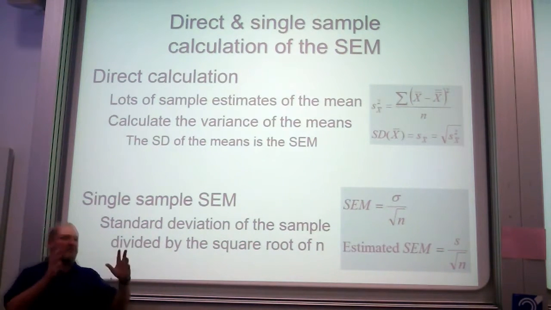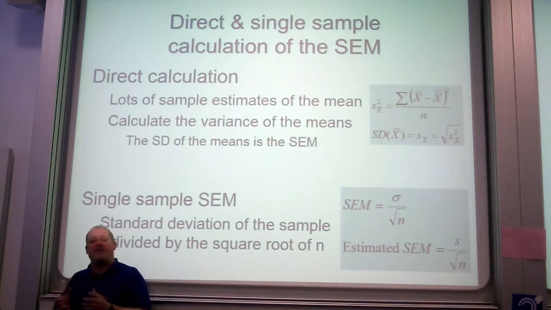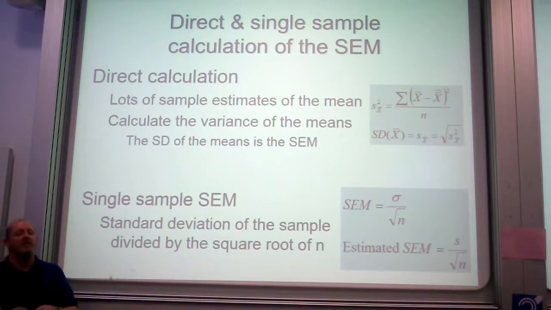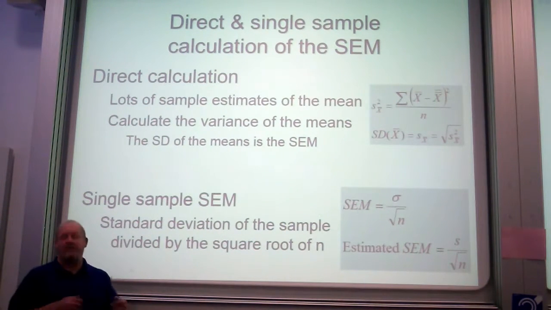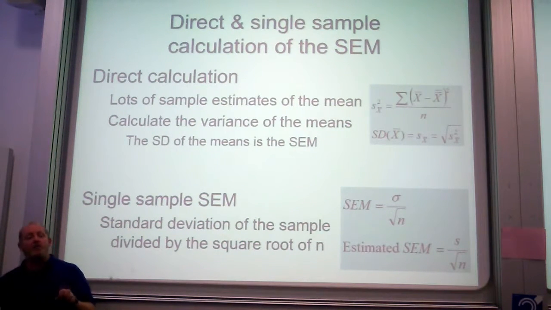Okay, so we take the sum of the squares of them and divide by the degrees of freedom associated with them. We're just calculating a standard deviation of the sample means, and we can call it the standard error of those means. We can also do it using a single sample method. This is the one you use in first and second year when calculating standard errors of the mean.